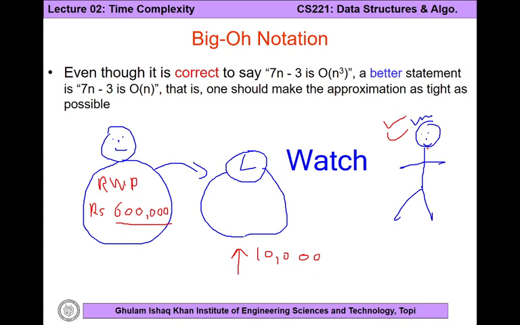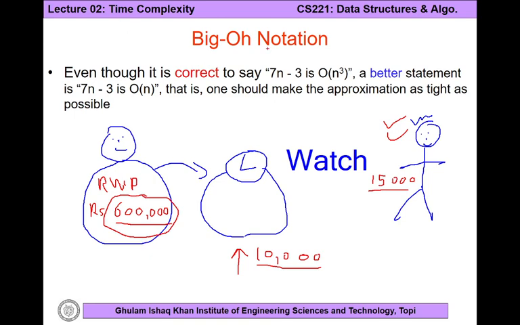Telling this poor man that when you go to purchase this watch, you should have at least 6 lakh rupees with you is way too high an amount. You can say this watch is around 10,000, but these days everything is getting expensive, so you better take with you 15,000 rupees. Maybe you would like to have a cup of coffee later, or give a treat to your friends. So this 15,000 is a tighter bound, which is better, instead of giving a bound of 600,000, 6 lakh, right?